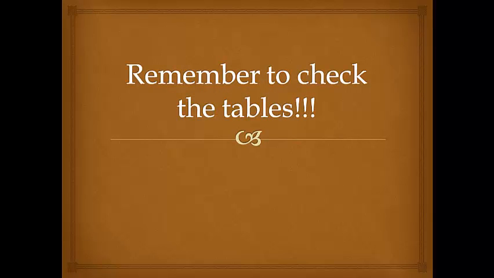All right. Now, just a quick reminder: usually at this point in the lecture, I have a picture of the tables that are found in Richard S. Snell's Clinical Anatomy. Basically, what the tables do is they summarize the different attachments of the muscles, their nerve supply, and their action.